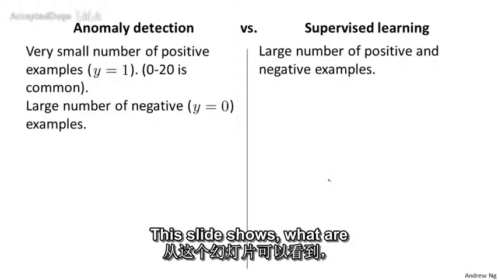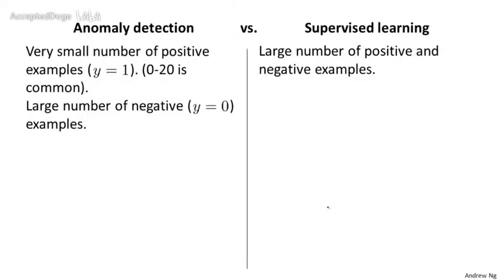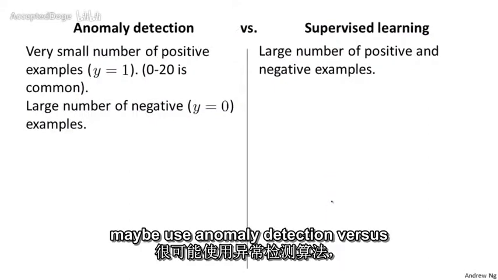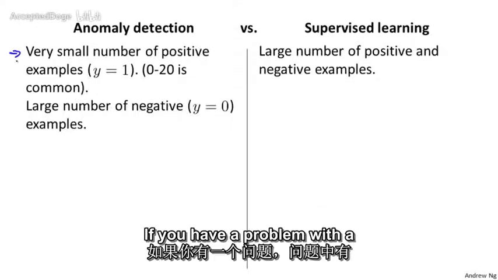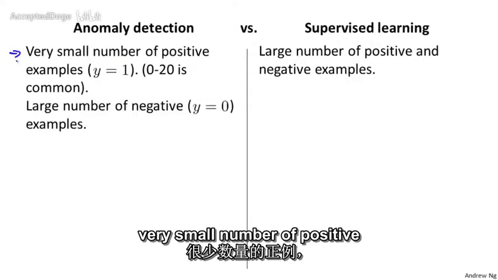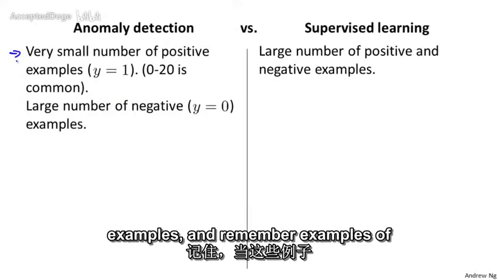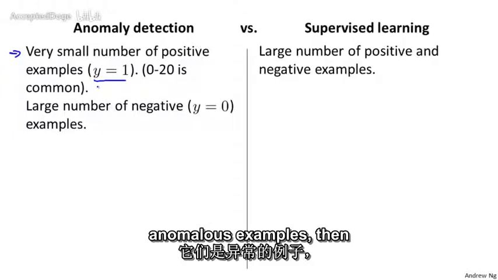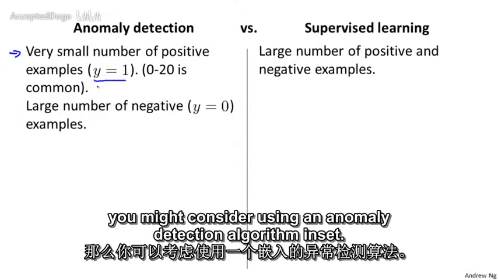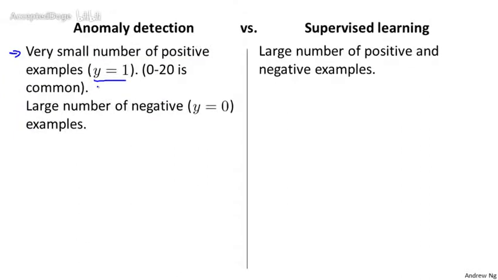This slide shows the settings under which you should maybe use anomaly detection versus when supervised learning might be more fruitful. If you have a problem with a very small number of positive examples, and remember, examples of y equals 1 are the anomalous examples, then you might consider using an anomaly detection algorithm instead.